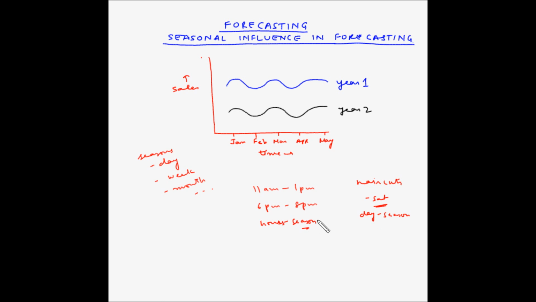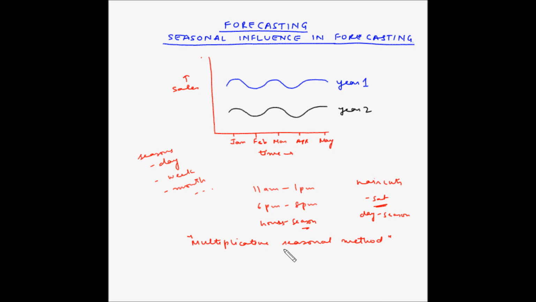Now, how can we forecast a demand which has an influence of seasonality in it? Let us look at the multiplicative seasonal method, where the seasonal factors are multiplied by an estimate of average demand.